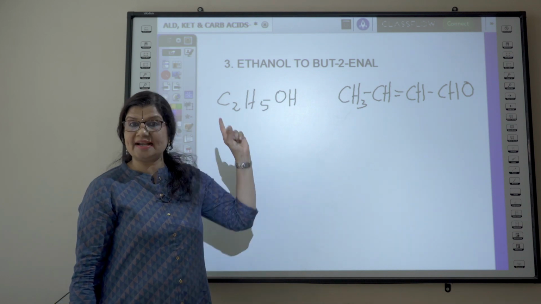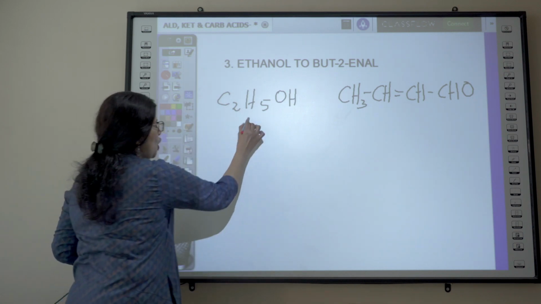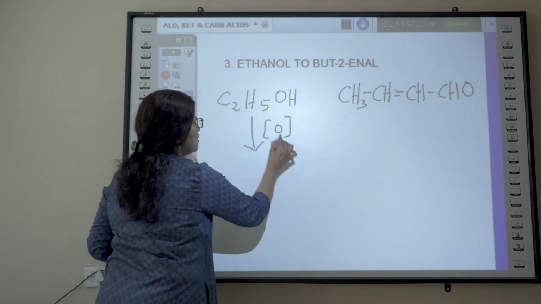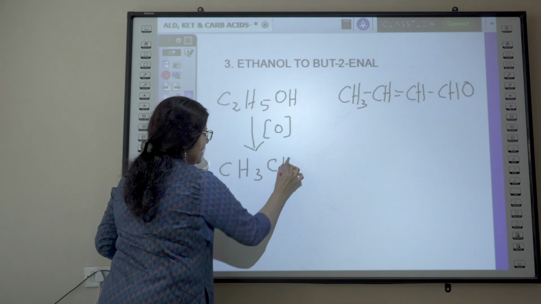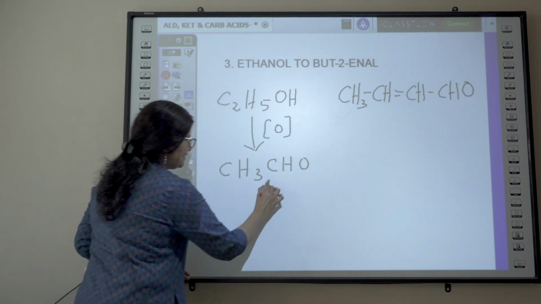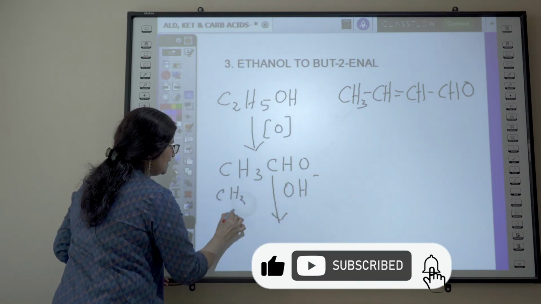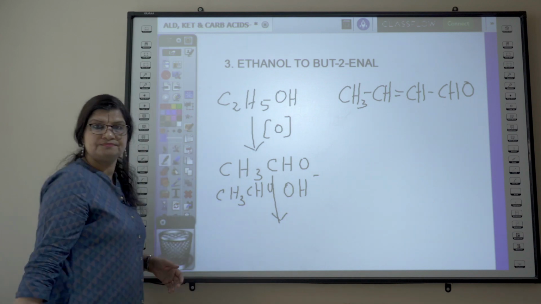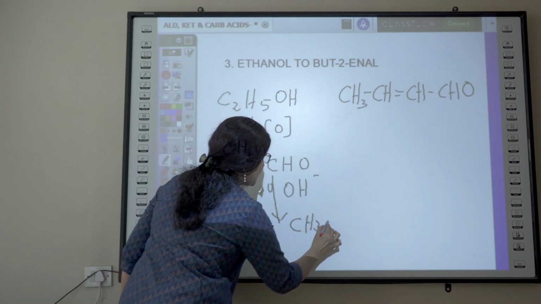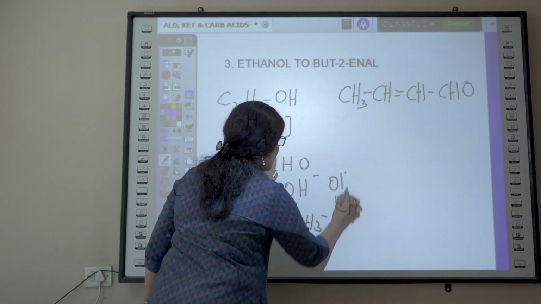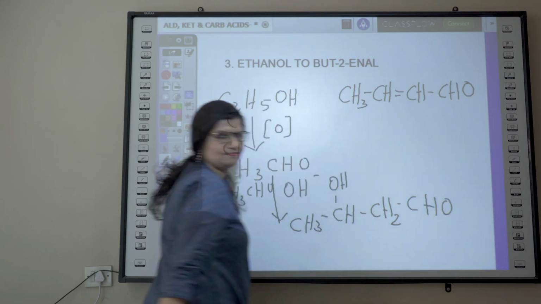But for that we need an aldehyde with alpha hydrogen atoms. We have ethanol. So the first step is to oxidize ethanol by using any oxidizing agent, say alkaline KMnO4, and you will get ethanal. Now when ethanal is subjected to aldol condensation by condensing it with another molecule of ethanal, you will first get the aldol, which is CH3CHOHCH2CHO.